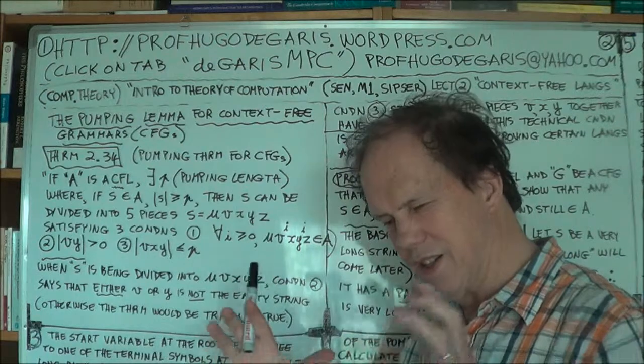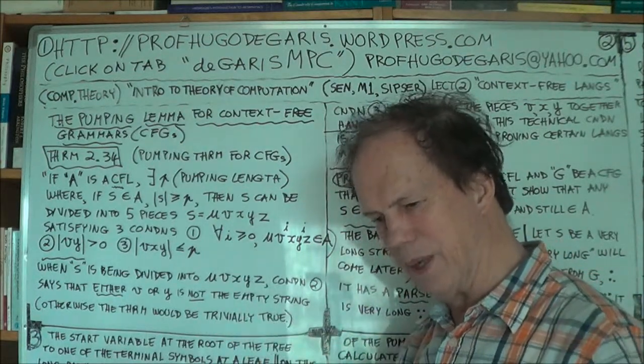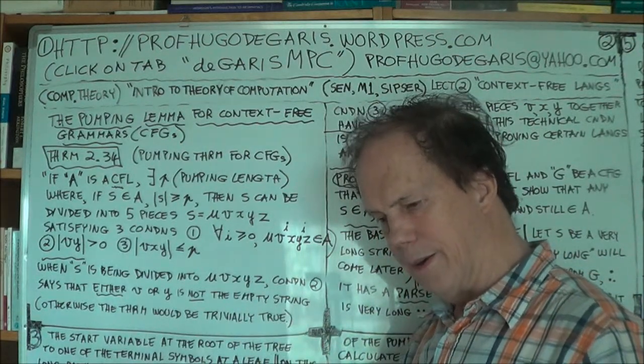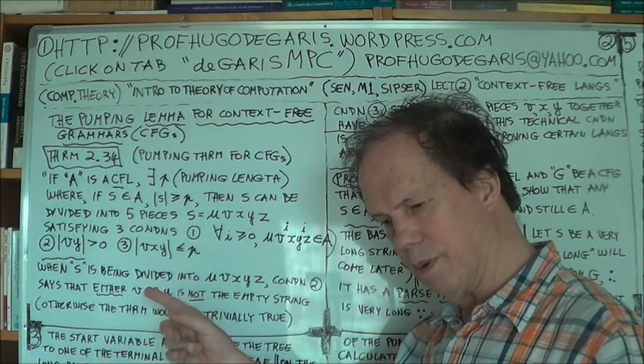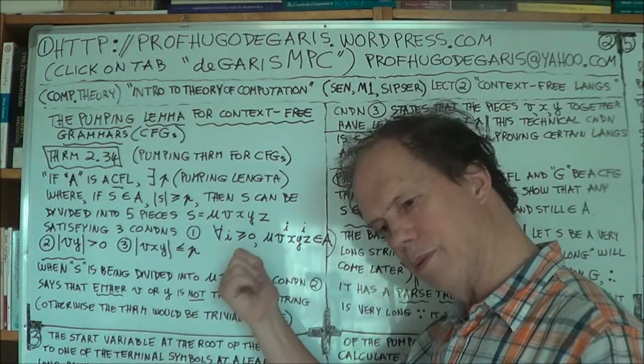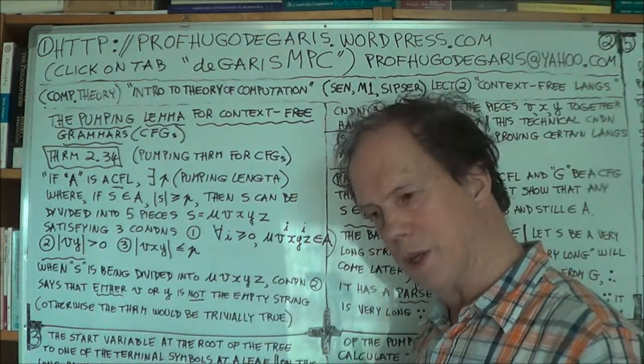So let me condense, give you the essence of the pumping lemma. We've done 2 versions of it now. One for regular languages, and now this one for context-free languages.